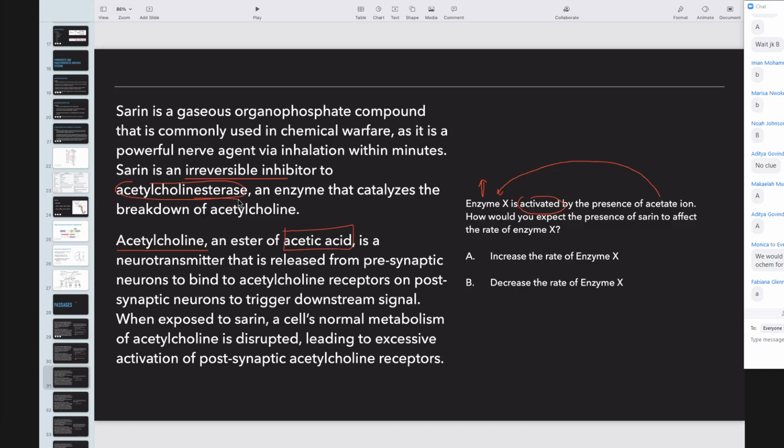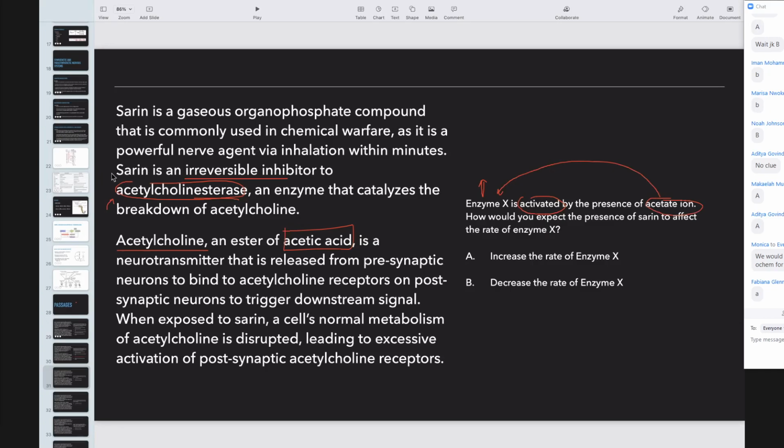So if we cleave acetylcholine, which is an ester of acetic acid, one of your byproducts will be the acetate ion. So you need to piece together that acetylcholinesterase breaks down acetylcholine into the byproduct of acetate ion.